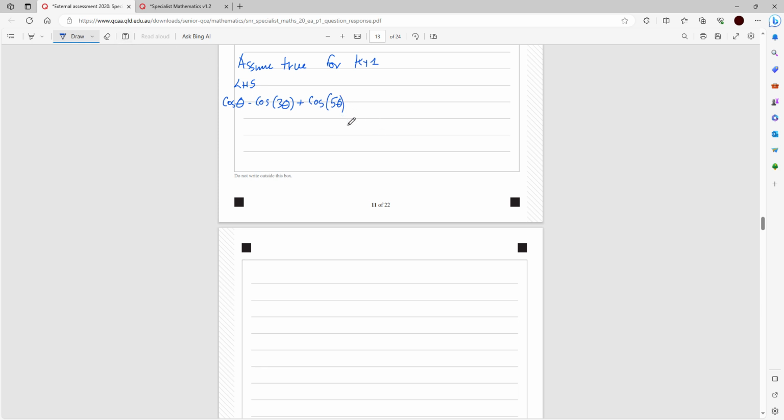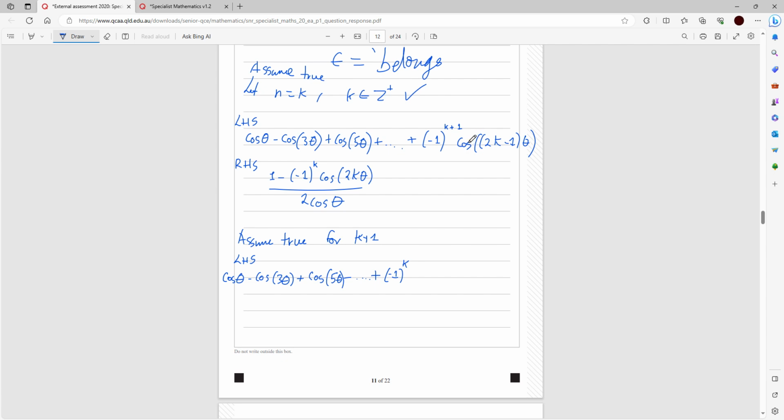we can leave it like that, minus dot dot dot plus -1, and now you replace this with k plus 1. Oh no, not this bit here, you leave this as this first statement, because if you want to do k plus 1, you need to add in the next term, which is k plus 1.